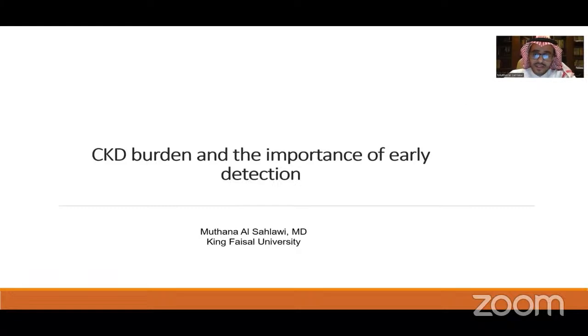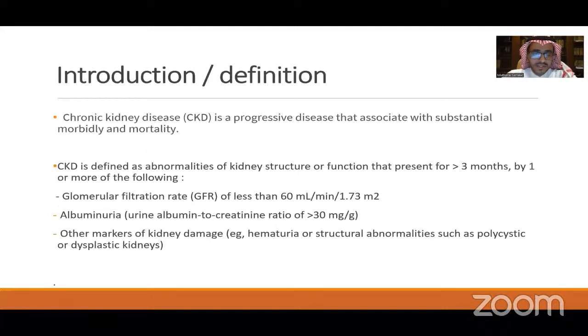So let us start with the definition of chronic kidney disease. The KDIGO guideline defines CKD as abnormalities in the kidney structure or function that persist for more than 3 months, shown by the presence of one or more of the following.